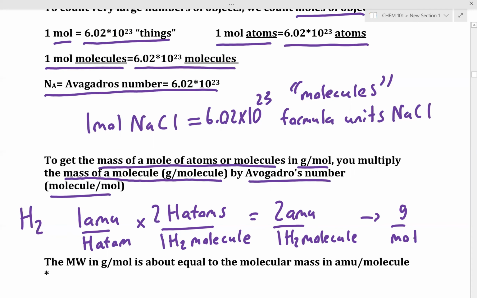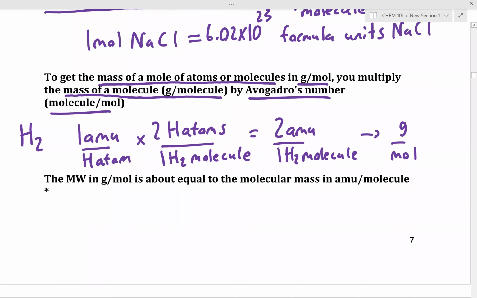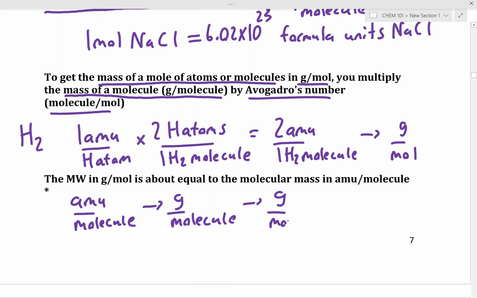Let's show how we'd accomplish this conversion. It's going to seem like we're doing a lot of work to get back to where we started. Starting off, with AMU per molecule, we're going to first go to gram per molecule, and then finally to gram per mole. So this is our conversion map. These steps are technically interchangeable, but this is just how we're going to do it together.